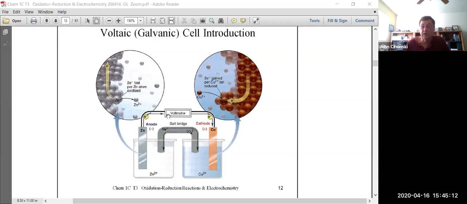They will take off and leave a zinc 2+ ion, okay? So we have the zinc atom, the electrons go up here, up in the electrode, and that zinc 2+ is probably toward the outside of the bar on the surface.